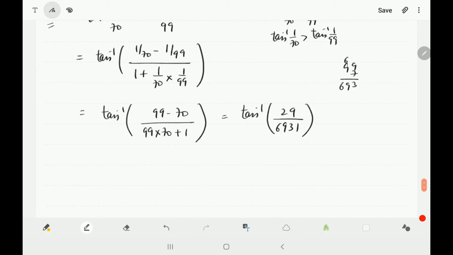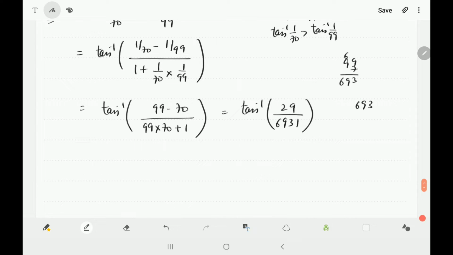Okay, now let's see whether 6931 is divisible by 29 or not. 29 2s are 58. You are left with 113, 29 3s are 87. So you will get 6 here and 2 61. So yeah, it is divisible. So you will get tan inverse of 1 by 239. Is this clear?